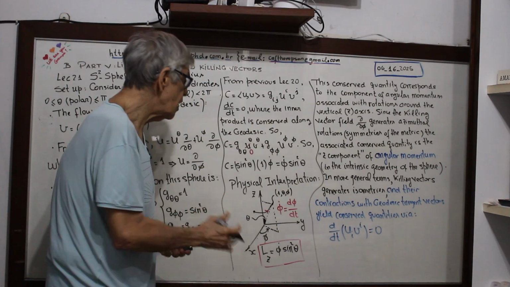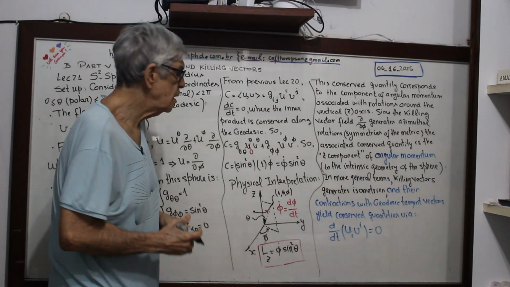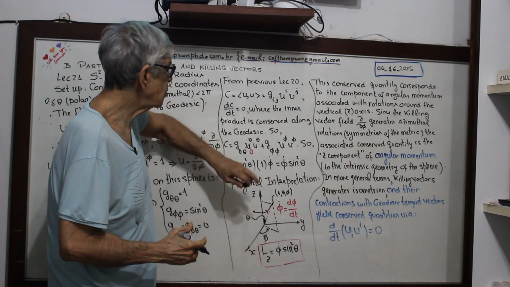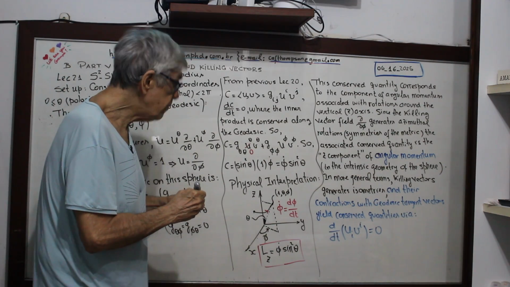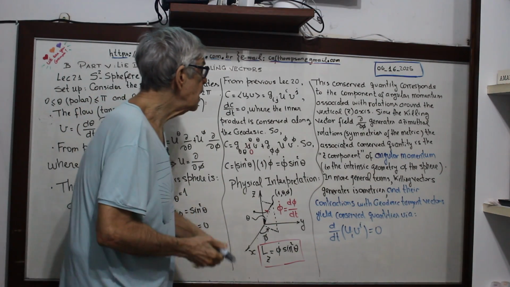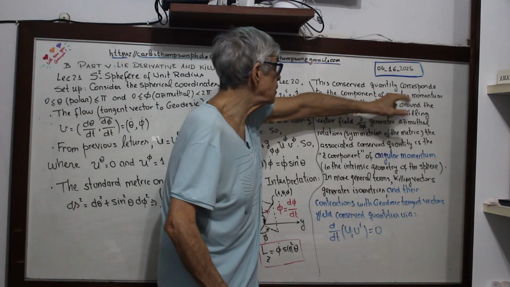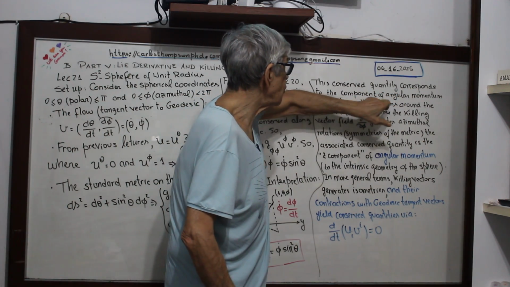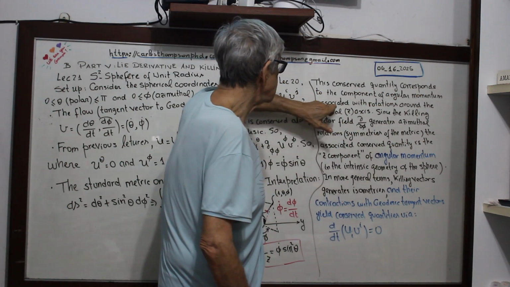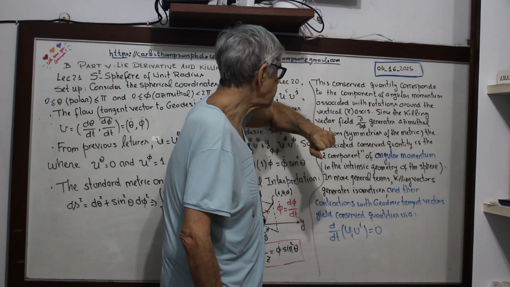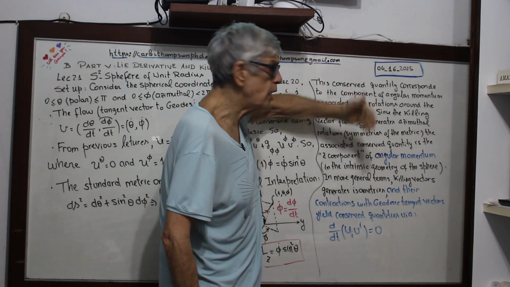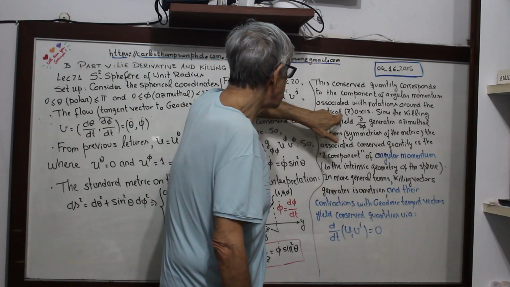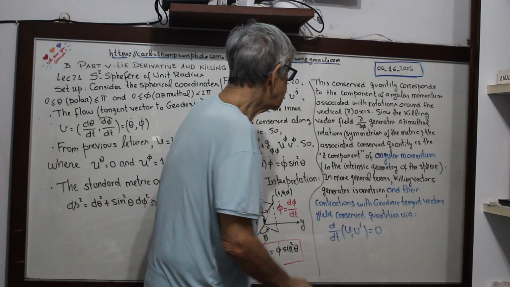Now it's good to say something about what has been done. These conserved quantities correspond to the component of angular momentum associated with rotation. Which rotation? Rotation around the vertical z-axis.